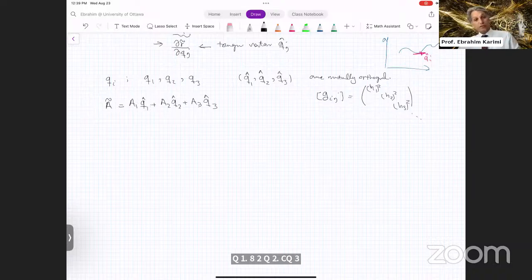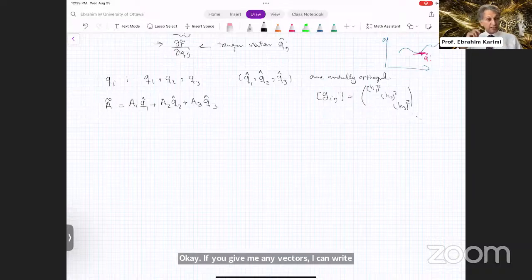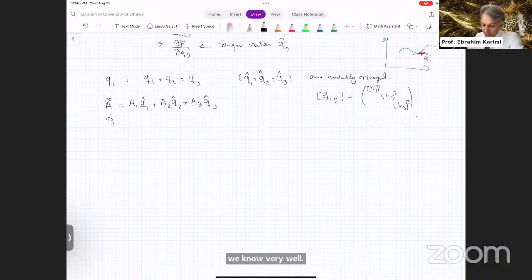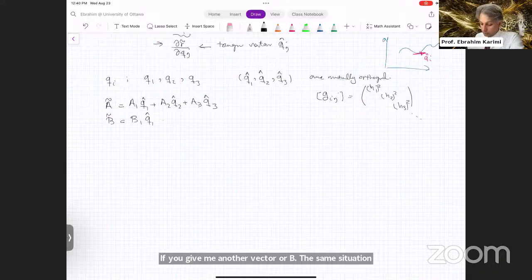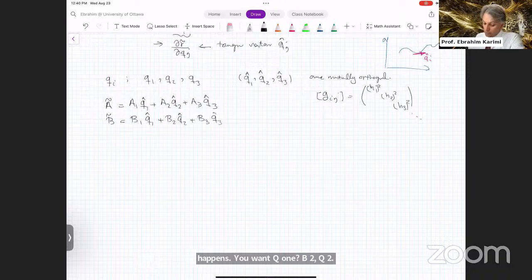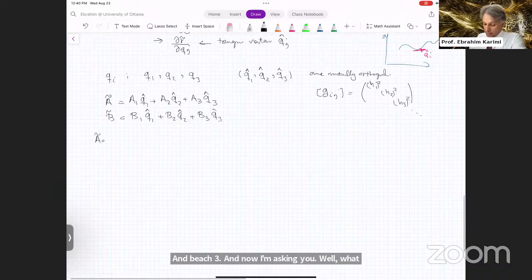If you give me any vector, I can write it in this form. Not necessarily that all of them exist; some may be 0, as for all other vectors that we know very well. If you give me another vector B, the same situation happens: B1 Q1, B2 Q2, and B3 Q3. And now I'm asking you, well, what happens with A dot B?